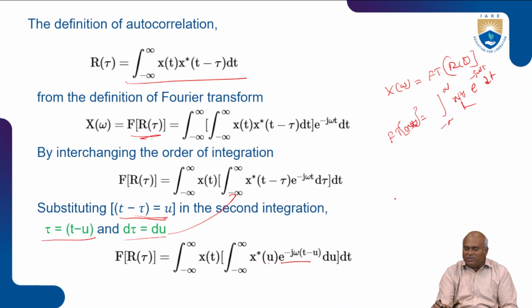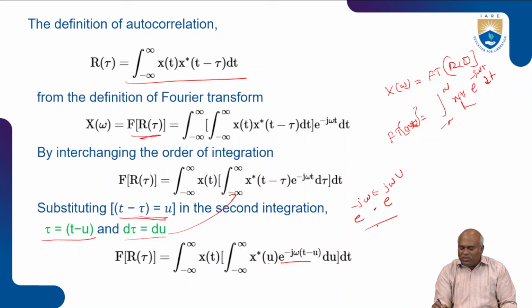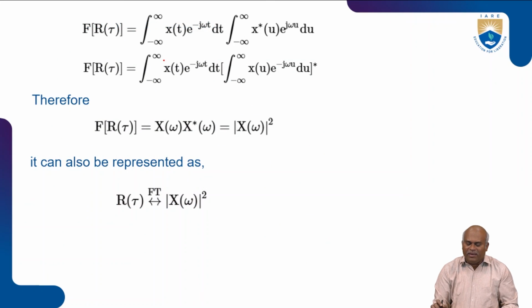Now I split e power of minus j omega t minus u into e power of minus j omega t and e power of plus j omega u, and substitute here. After substituting, we can split the terms with u on one side and t on the other. Then the integration from minus infinity to plus infinity of x of t e power of minus j omega t dt, times the integration from minus infinity to plus infinity of x star of u e power of j omega u du.